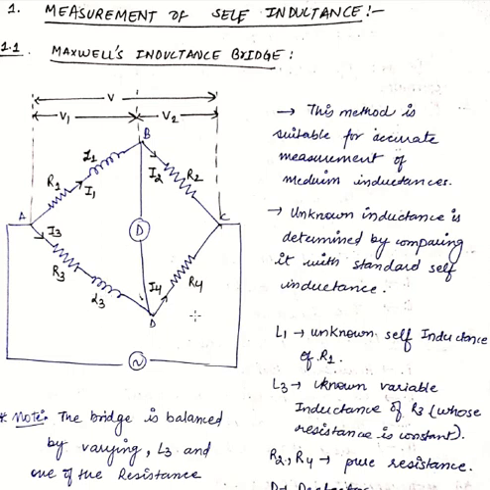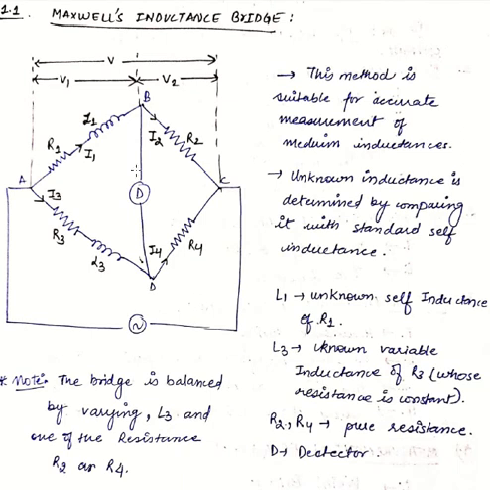Here R2 and R4 are pure resistances. As we already discussed, for accurate measurement in any AC bridge, there must be one or two pure resistances, that is, non-inductive in nature. Here D is a detector.